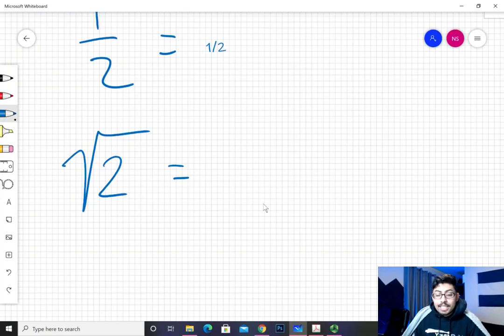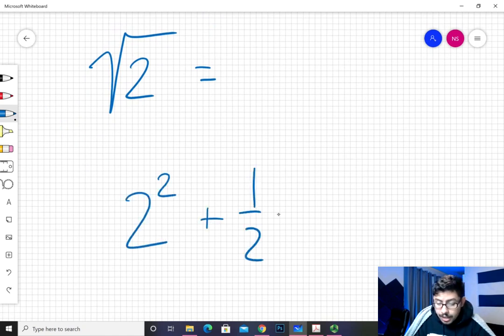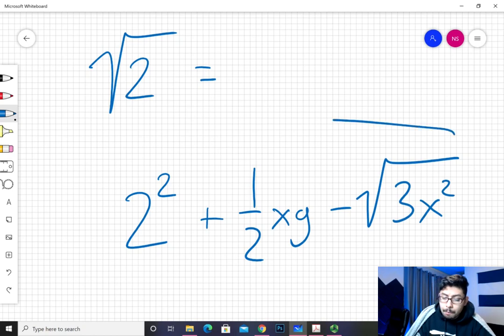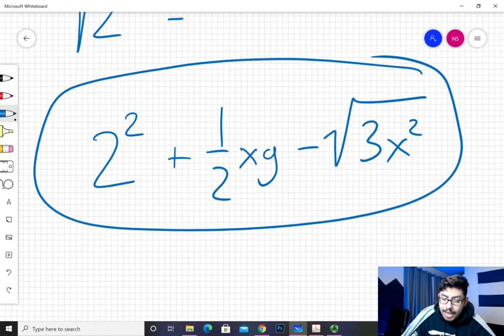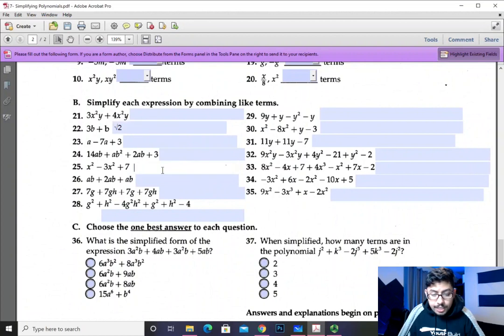layout. So for example, if you get an answer like this: 2 squared plus 1/2 xy minus the square root of 3x to the power of 2. How are we going to write all of that in our worksheet? 2 to the power of 2, let's say this is the worksheet and it's for this answer, let's say 2, caret sign, 2, right?